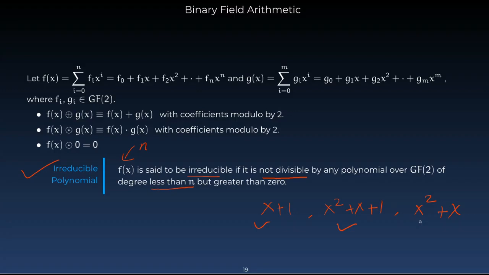It can be written as x times (x plus 1), and clearly it is divisible by x or x plus 1. So that's why this is not an irreducible polynomial. Okay.